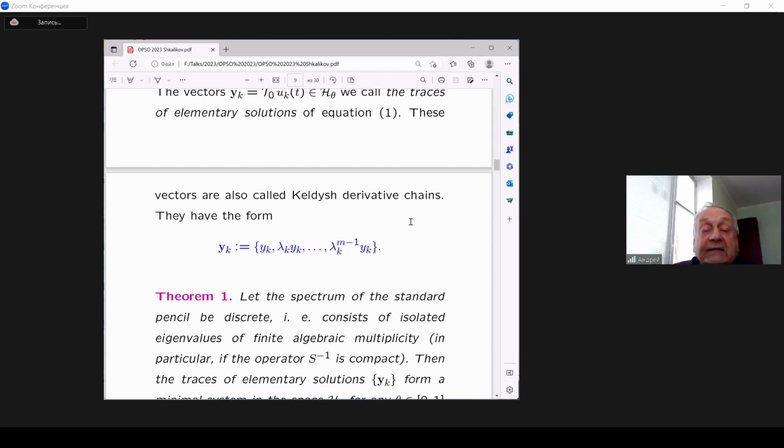If we take psi equal to 0, then the trace coincides with y_k, lambda_k y_k, and so on. These vectors in this space, H-hat, which I defined before, are called Keldysh derivative chains.